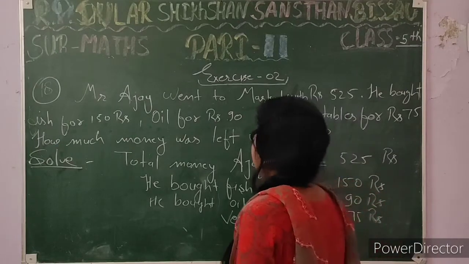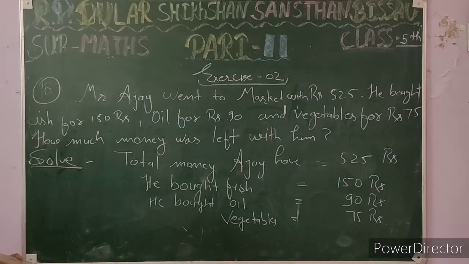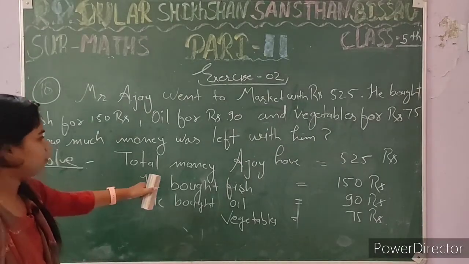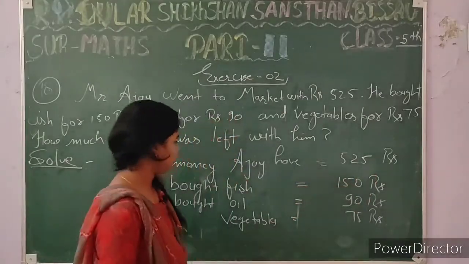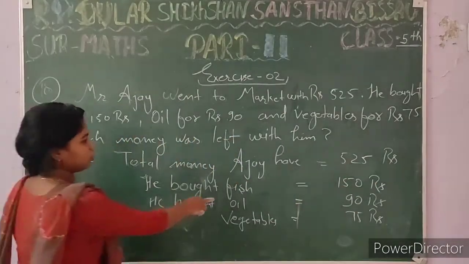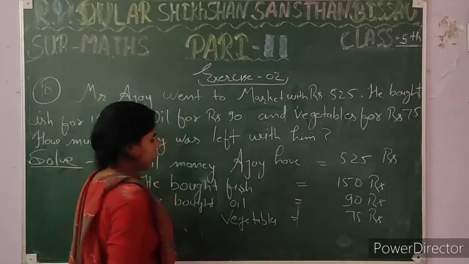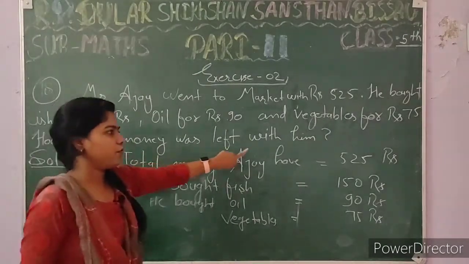Okay students, I write here 4 lines that Mr. Ajay went to market, total money Ajay have 525. He bought fish 150 and he bought oil 90 and vegetable 75. Okay, how much money was left with him?